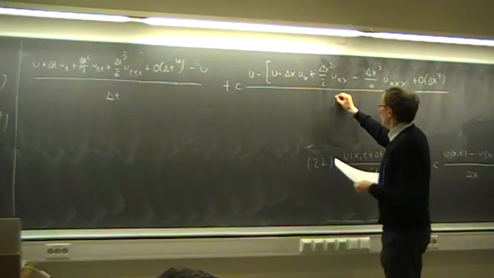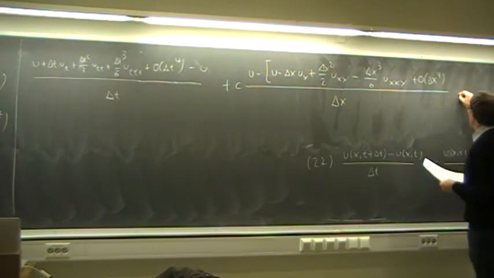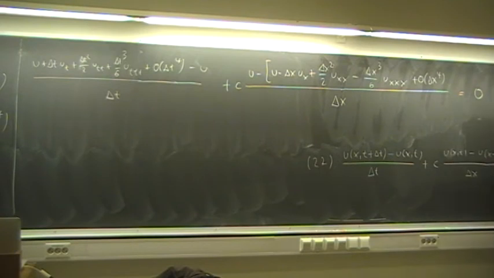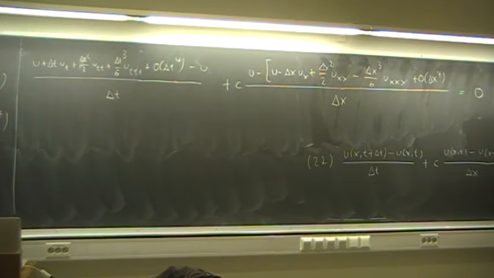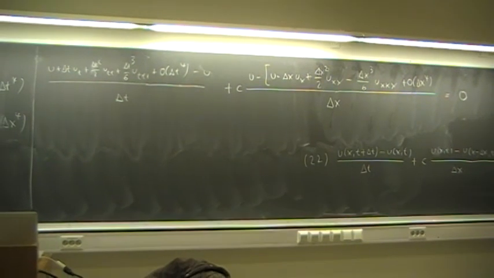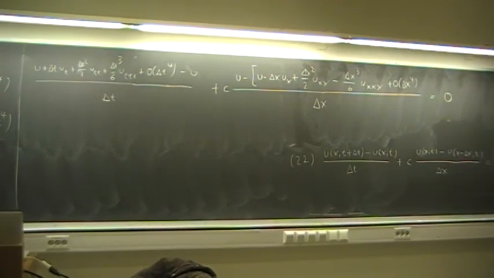So that is divided by delta x, and this is equal to 0. So now we have that. Now we can simplify things and see what we really get in the end.